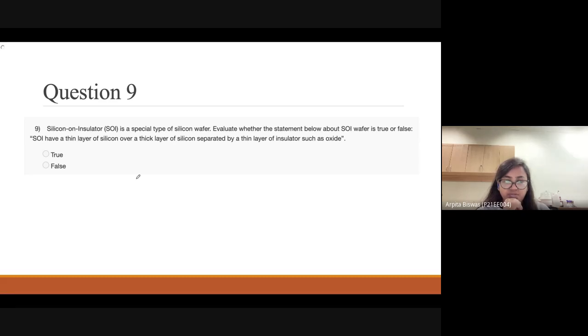Silicon on insulator is a special type of silicon wafer. Evaluate whether the statement below about SOI wafer is true or false. So SOI have a thin layer of silicon over a thick layer of silicon separated by a thin layer of insulator such as oxide.